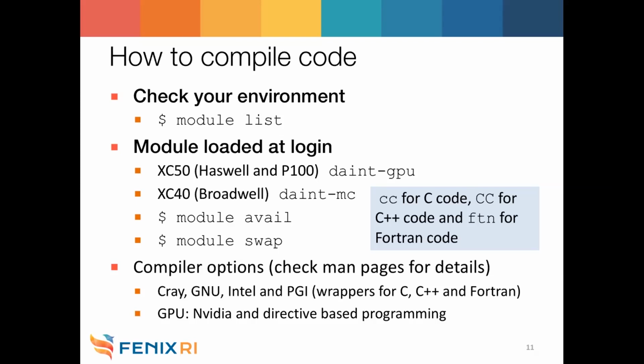Of course, because it's a GPU environment, you have an additional option which is not mentioned here, which is loaded by default when you load daint-gpu: the setting of all NVIDIA libraries, as well as, for someone interested in directive-based programming like OpenACC, those environments are set for you by default.